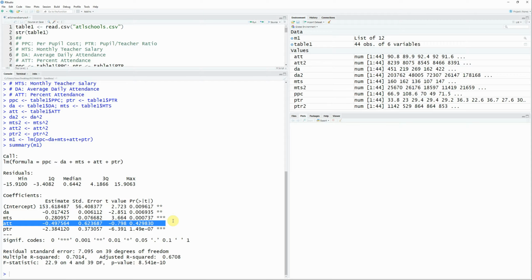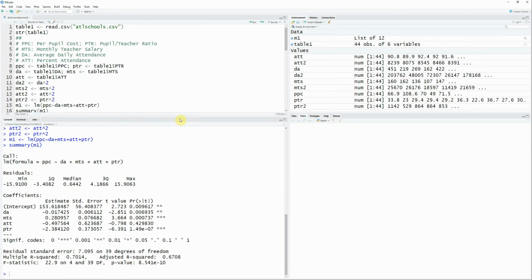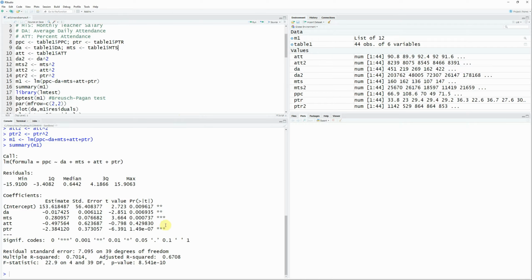Attendance percentage wasn't that significant, and then I have PTR, which is pupil to teacher ratio. Also, I'll mention that the F statistic is coming out very significant as well.